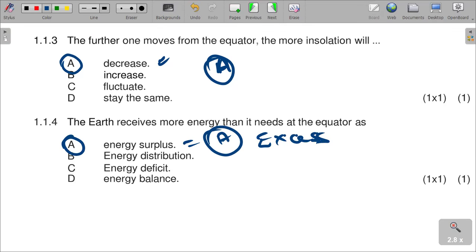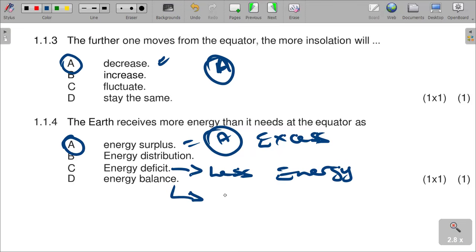Energy distribution is the movement of heat energy because of the movement of wind, or the movement of air. Energy deficit is lack. If it receives less energy than it needs, that's when we call it a deficit.